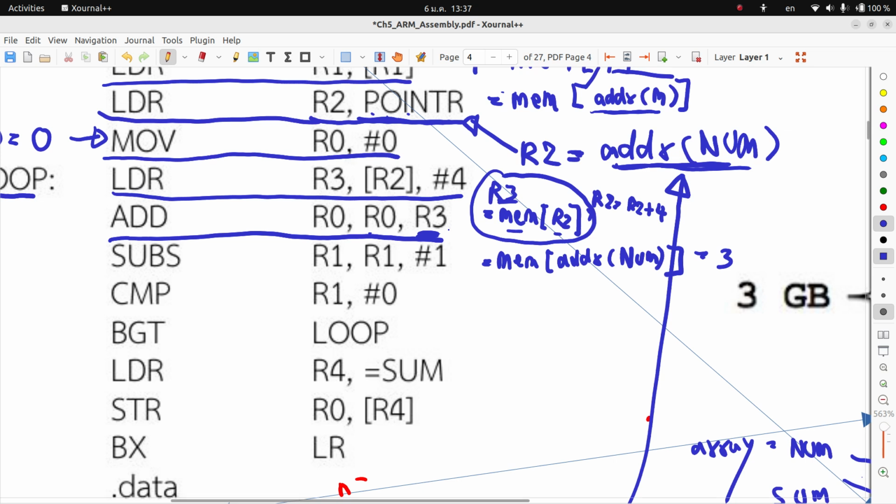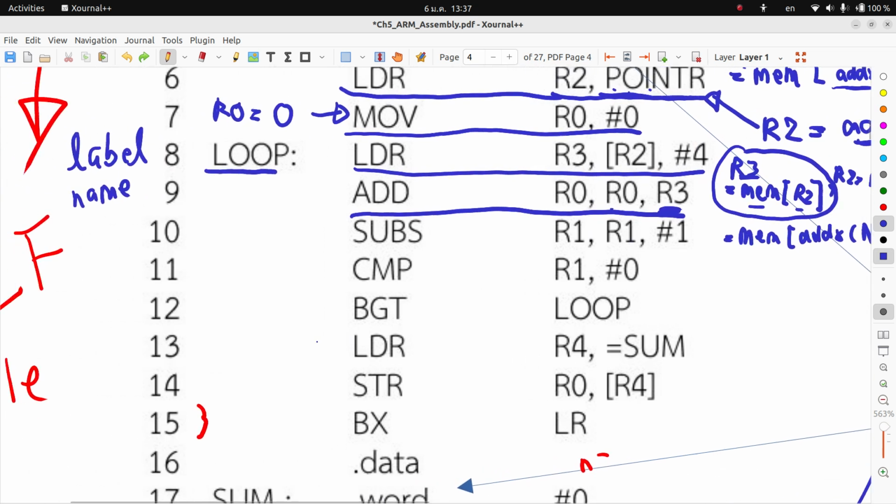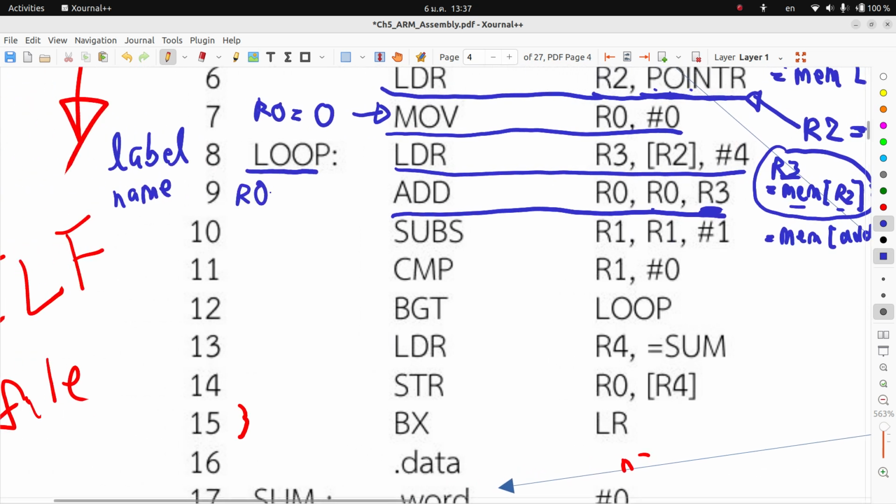R3 now contains 3. And R0, let me use the left hand side. R0 equals to R0 plus 3. But R0 is 0. So therefore R0 equals to 0 plus 3.